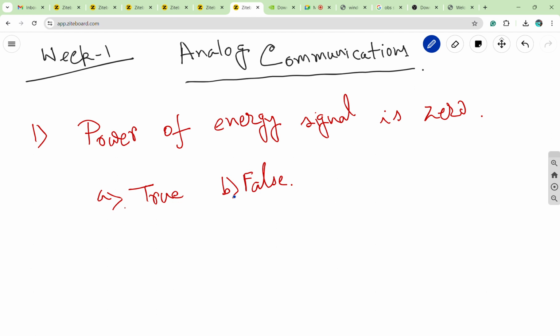Sir, this is true. Okay, and then why? Sir, we studied in signals and systems that the energy of an energy signal is finite and the power of an energy signal is zero.